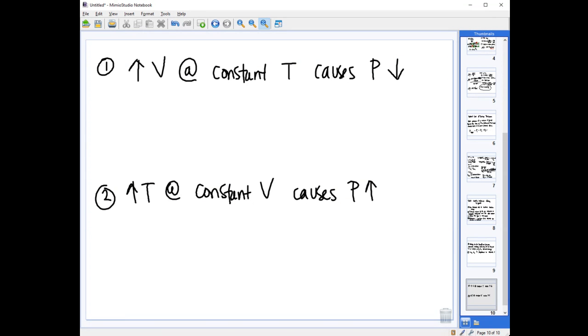So an increase in volume at constant temperature causes our pressure to decrease. That's Boyle's law, right? So this kinetic molecular theory is what explains Boyle's law. If we're at a constant temperature, the average kinetic energy remains unchanged, right?